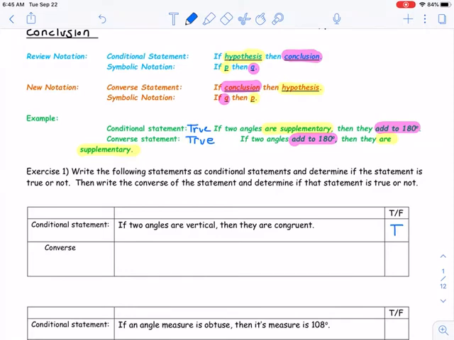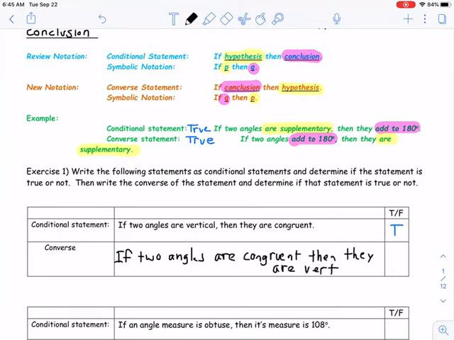Alright, so then the converse is if two angles are congruent, then they are vertical.